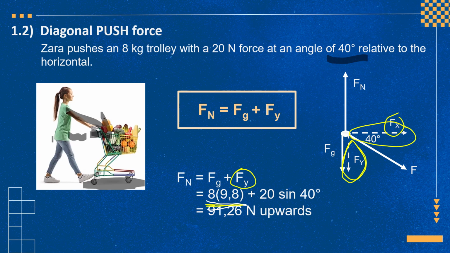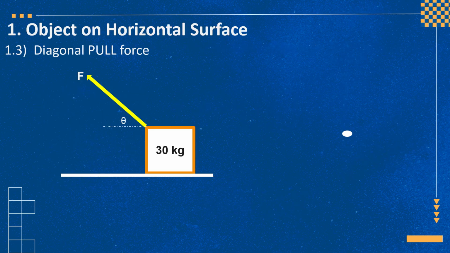We got it in this triangle. If you look at that triangle, then Fy is opposite from 40, and that is why we represented the y component with 20 sine 40. And then my magnitude is 91.26 Newton, upwards, or you can say 0 degrees.